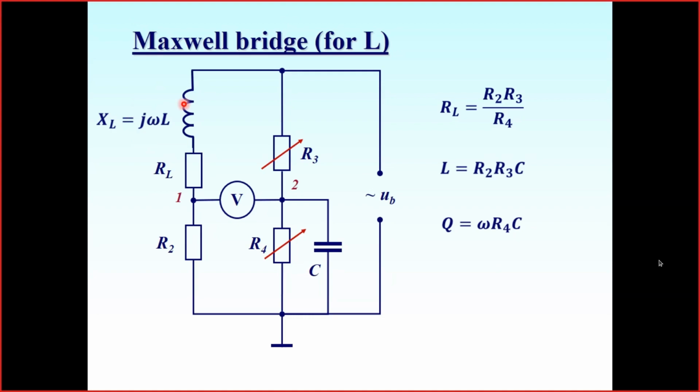Please note that we are going to measure inductivity, but the Maxwell bridge doesn't contain any inductivities, and the only reactive element is this capacitor. Such a type of bridge for the measurement of inductivities is called the Maxwell bridge.